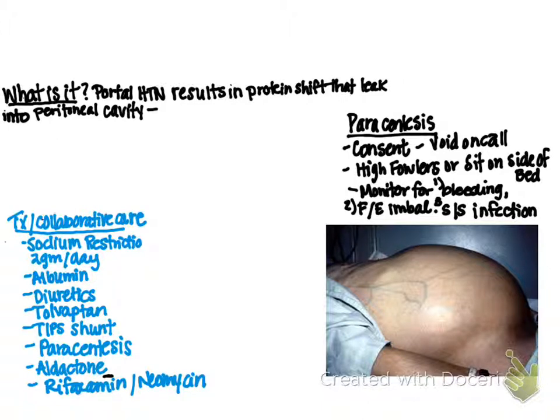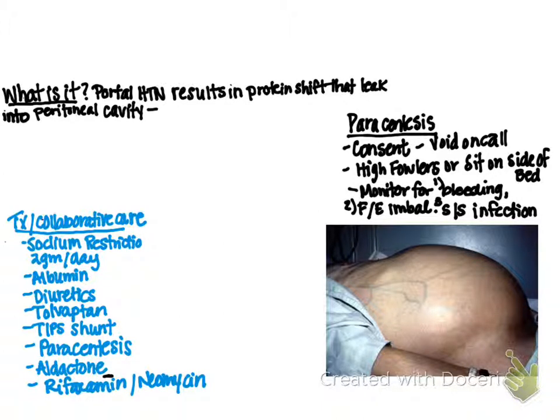So these patients are going to need increased B vitamins when they go home. If you've ever taken care of someone with ETOH, you know that they get folic acid, they get thiamine. So just keep that in mind. The increased B vitamins, they need a low-fat diet, high calorie, 2 grams sodium. And they're also going to need to weigh themselves because these ascites can just build back up again.